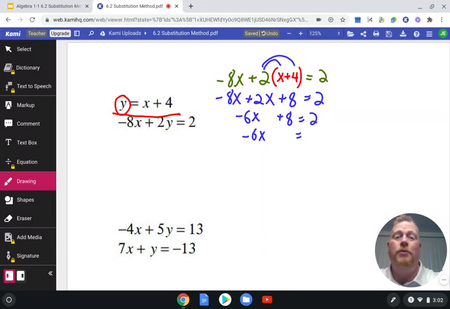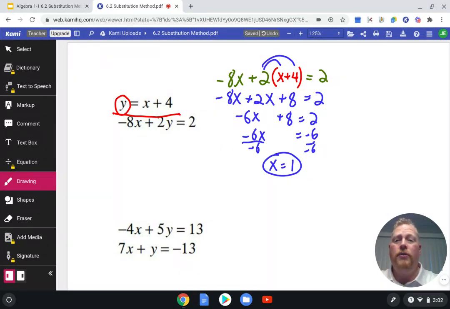Next thing I can do is subtract 8 from both sides, and I get negative 6. Divide both sides by negative 6, and I get x equals 1. So after your third step, you should have one of your variables.